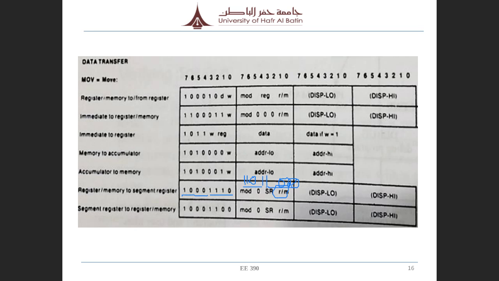So in hexadecimal we can write it 8E, D8. The machine code for this instruction move ds comma ax is 8E D8.